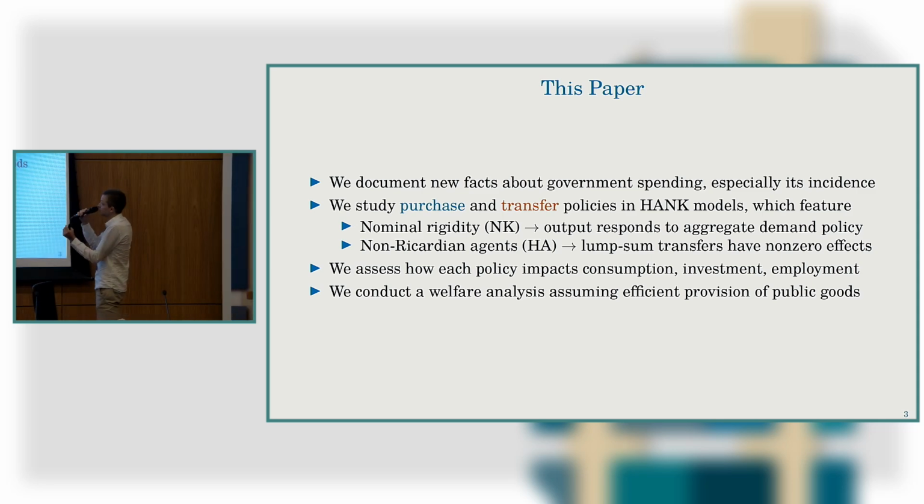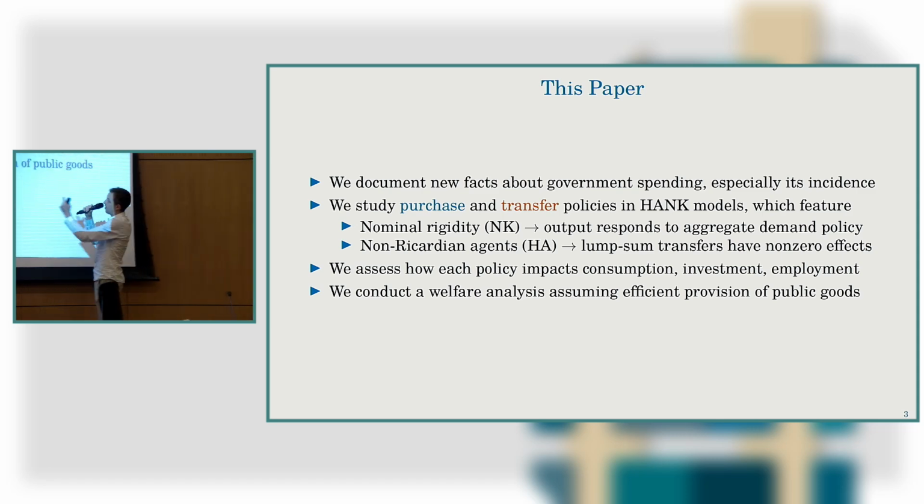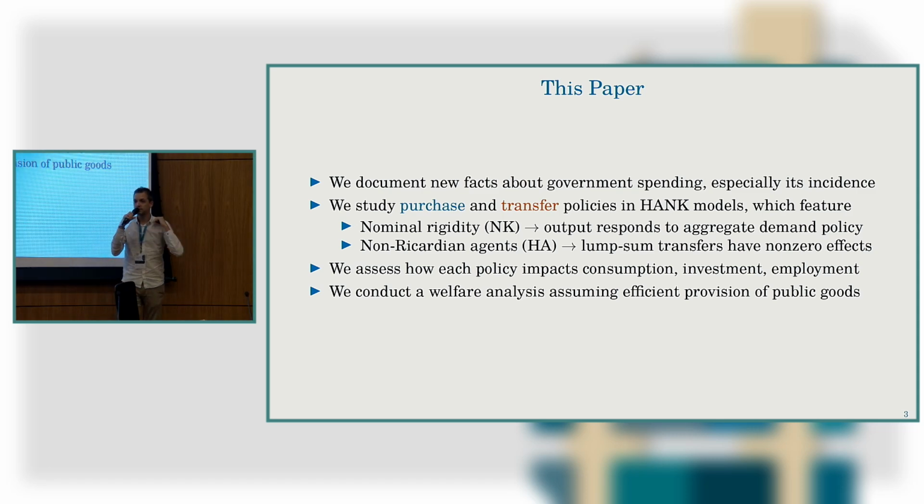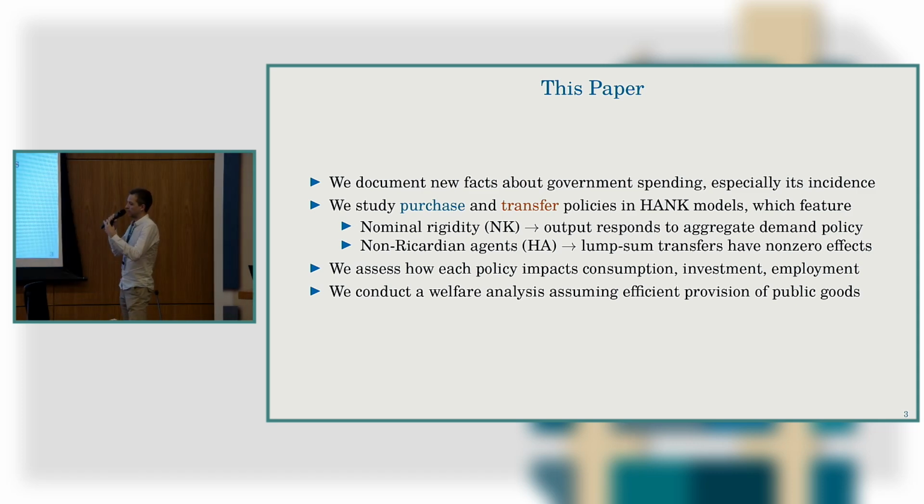But we also need to break Ricardian equivalence, because if you had only a representative agent model, then transfers do nothing. You send money to people, they are Ricardian, they know they will be taxed later, they don't respond. So we need to have non-Ricardian agents, and one way the literature does it is through incomplete markets. So that's why the HANK framework is an ideal setup here.